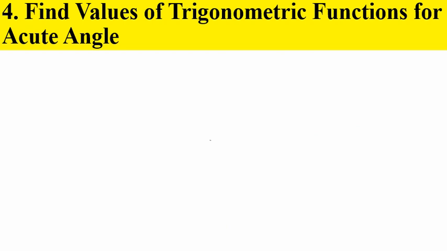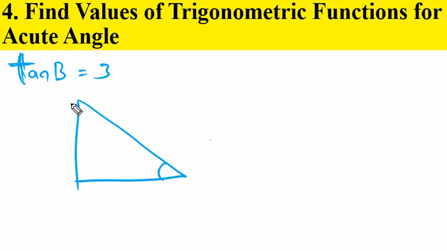Now the remaining question we have, tan B is equal to 3. In this one, this time it says angle B, so this time you will look from B. So this is A, B, and this is the right angle. This time you will start from here. This is 3, so you can write 3 over 1. And tan is what? TOA, right?